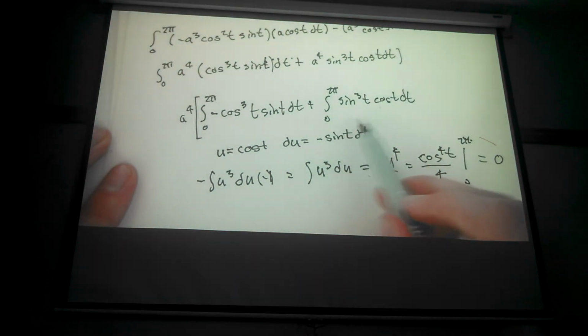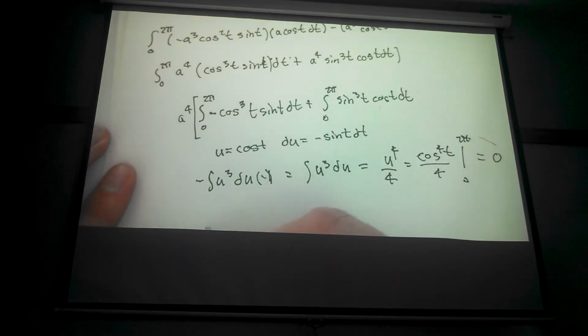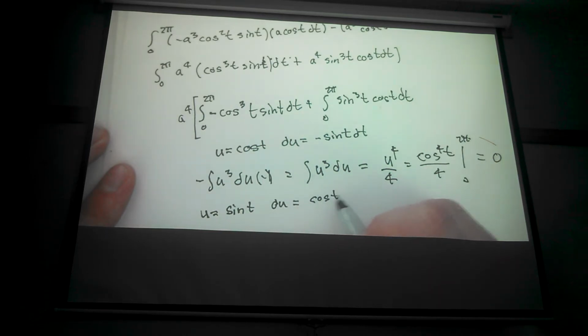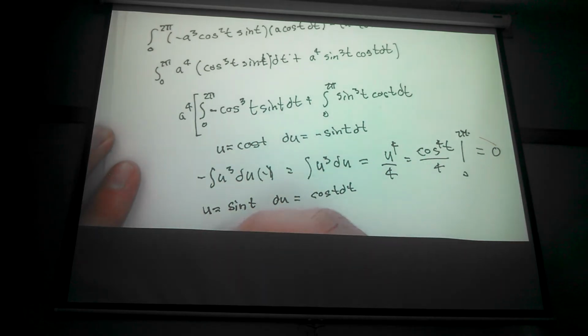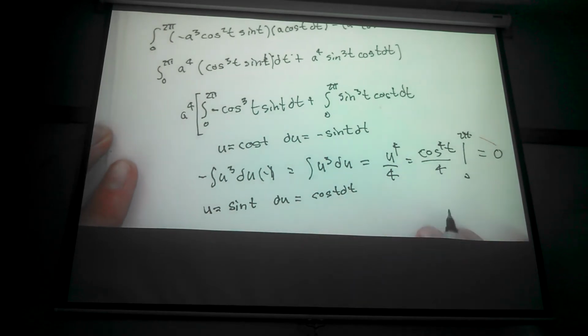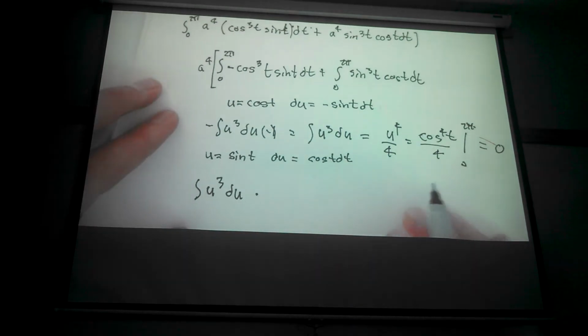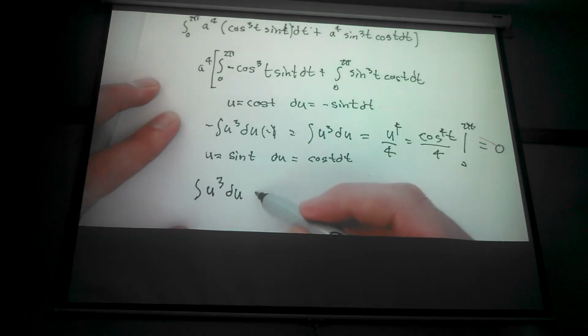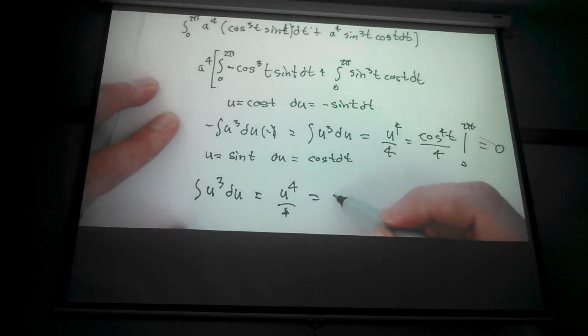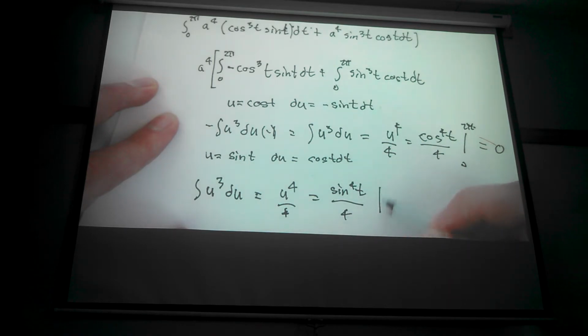So the second part here, doing the same u substitution, we're going to say u is actually equal to sine of t, which makes du cosine of t dt. So we have the integral of u cubed du, and that becomes u to the fourth over 4. We bring back our u, which was sine of t, so sine to the fourth of t over 4 from 2 pi to 0.